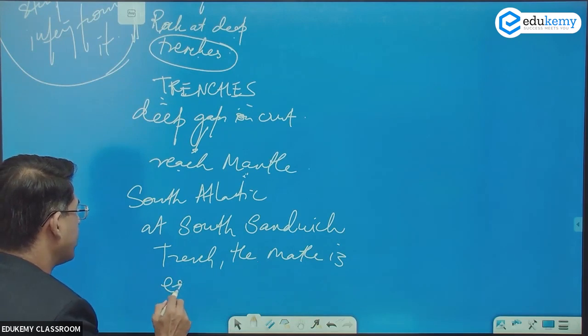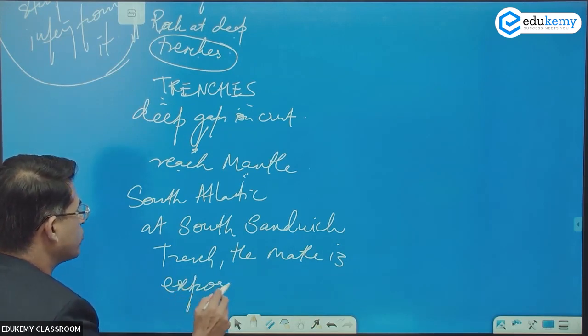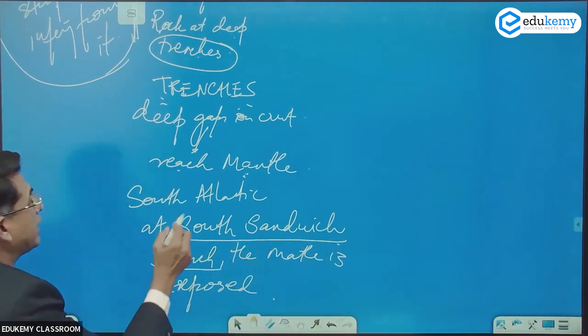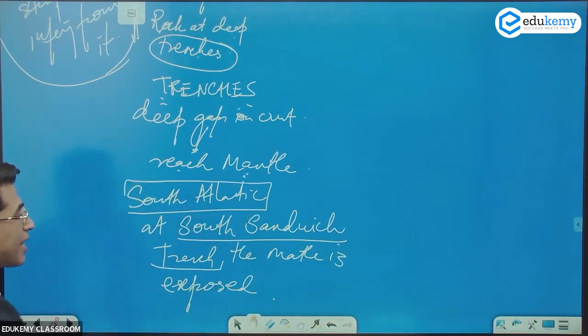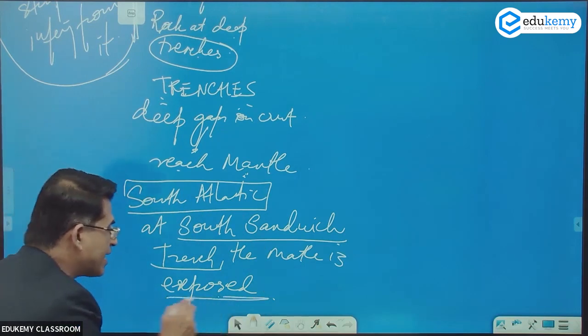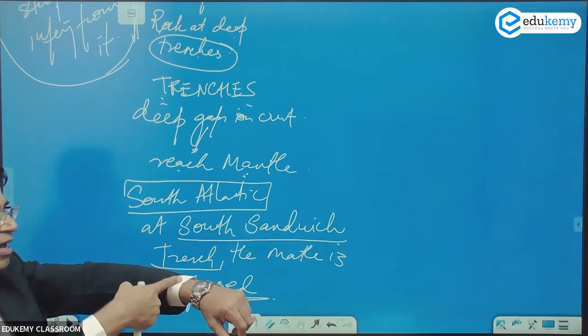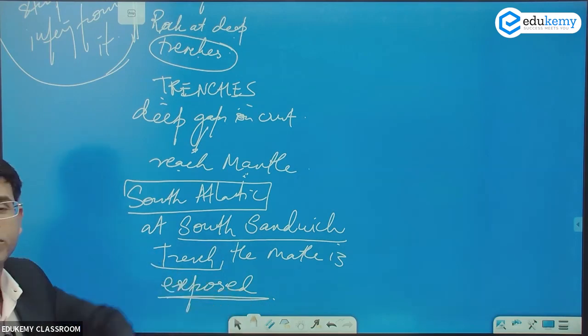The mantle is exposed in the South Sandwich Trench, it is in the South Atlantic Ocean. The mantle is exposed. It's like a deep cut, and somebody can see the bone almost.